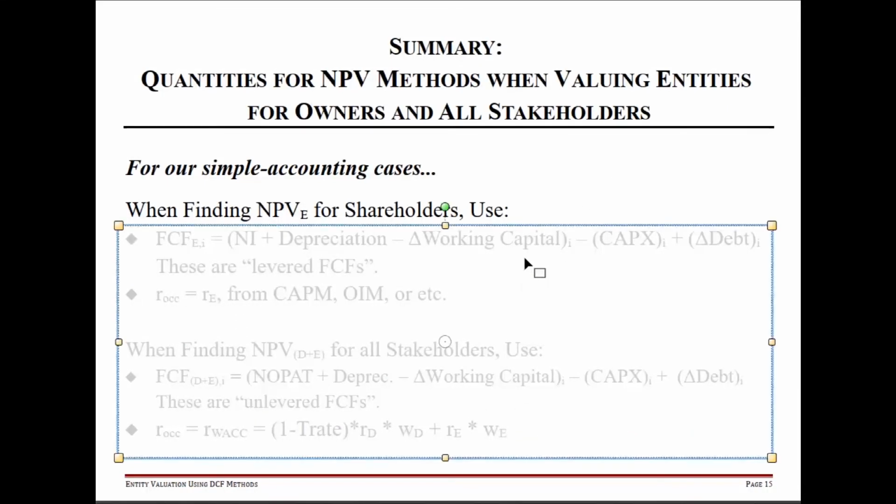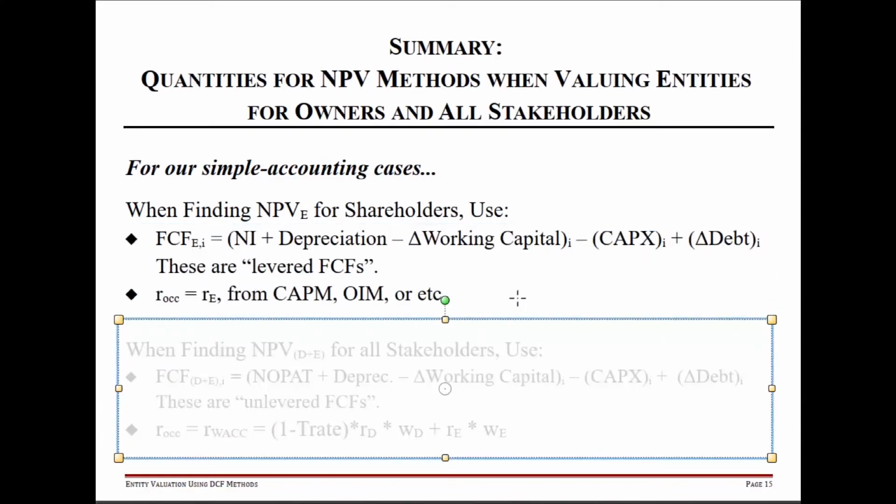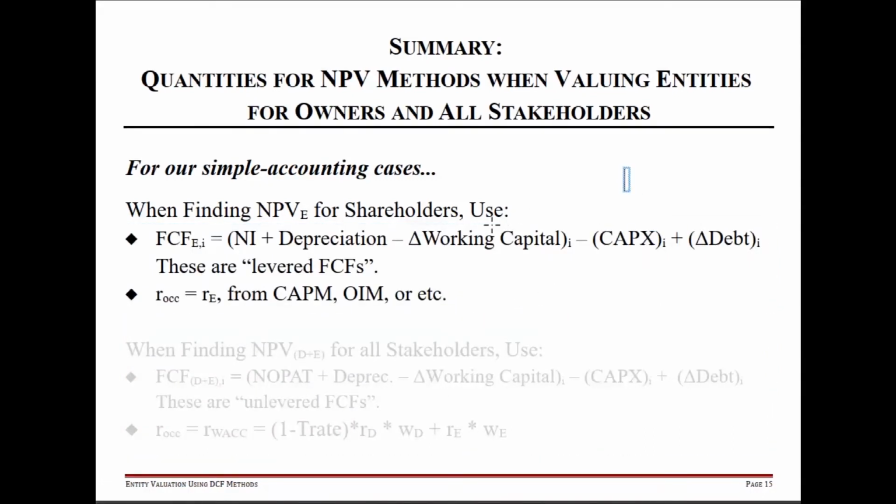Okay, so in summary, I just wanted to put everything that we need in terms of cash flows and discount rates together in one place. So when we're computing net present value for shareholders, we use this equation to get the free cash flow for owners, and these are our levered free cash flows. And what we use to discount those is going to be R_E from CAPM.